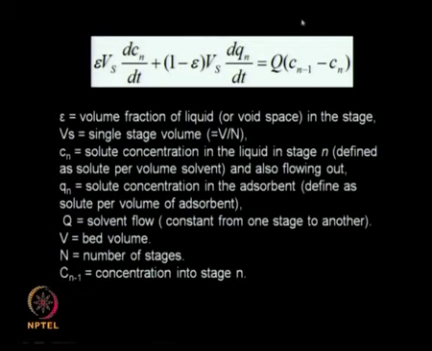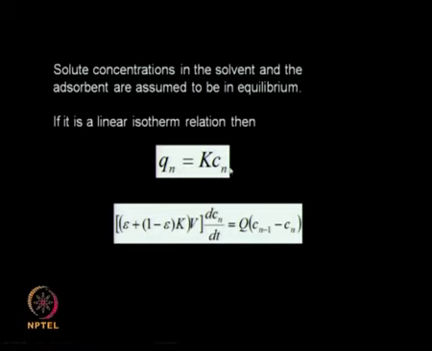Now we introduce the equilibrium. If you assume linear adsorption equilibrium, that means there is a linear relationship between Cn and Qn, then life becomes very simple. So if we assume Qn equal to Kcn, please note that the concentration of the solute in a particular stage in the stationary phase and the concentration of the solute in that same stage in the mobile phase are in equilibrium.